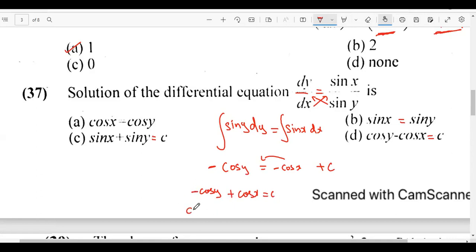So this would give you cos y minus cos x equals c. There's no point in writing down minus. You can write down minus c or you can write down c. By now you would be knowing that sign and everything is absorbed in the constant. So minus c can be written as c or any other constant. We don't write down minus with the constant. You know this concept? Now you know. So the answer would be D.